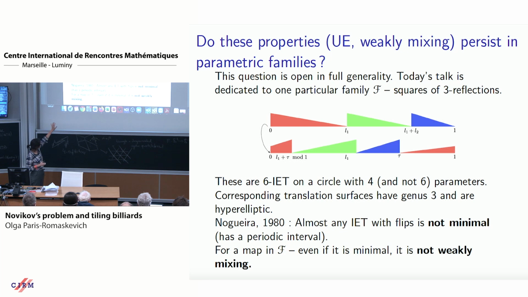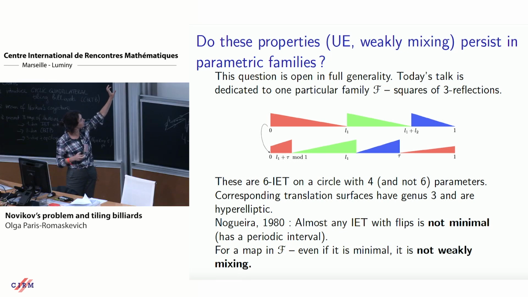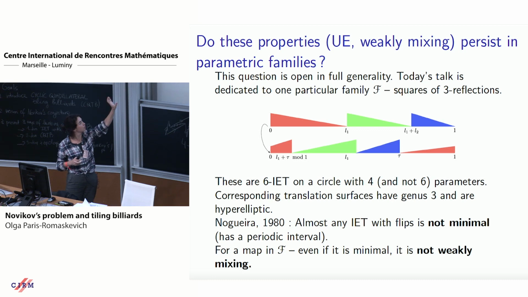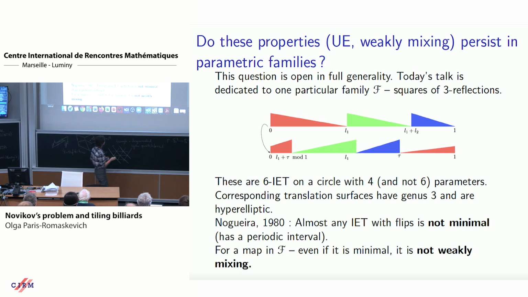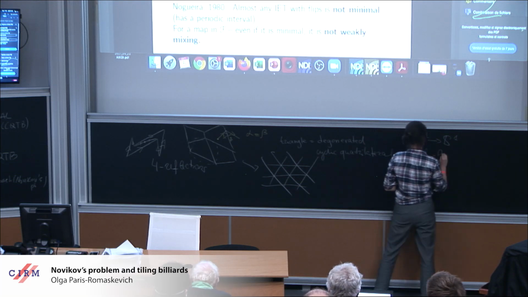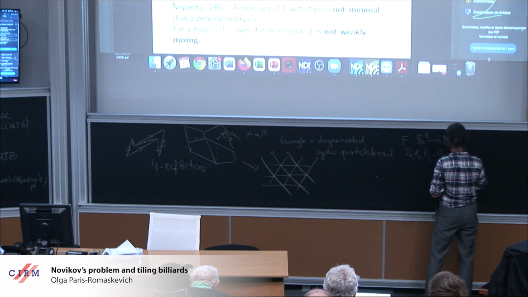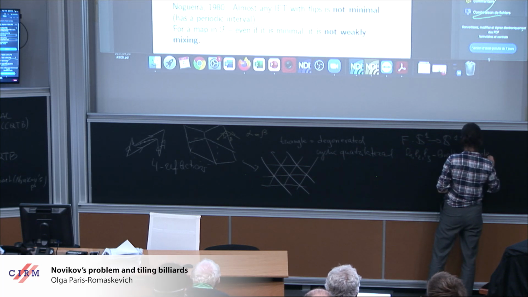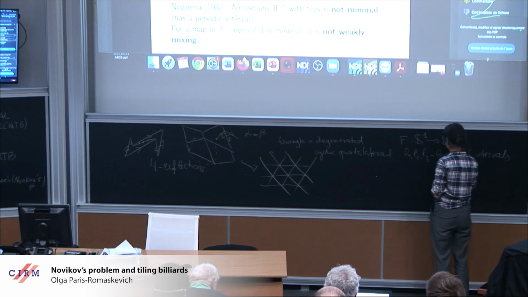So here is a beautiful picture of this map. The idea is from Diana Davis, the idea to draw the triangles, so you can see that the intervals flip if they do. So you take 3 intervals, and then you flip all of them, and then you make a global rotation on your circle. This is your map. So the parameters of this map are the lengths of the intervals, L1, L2, and L3, lengths of intervals of continuity.